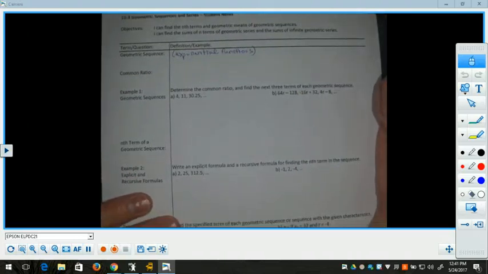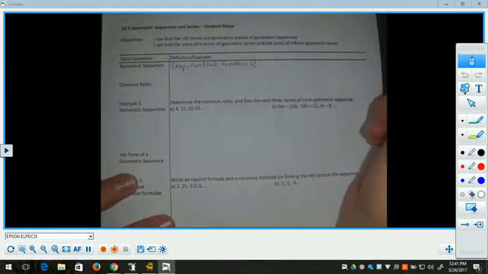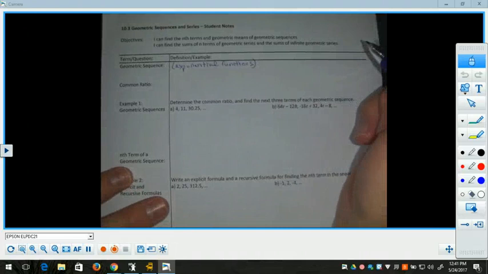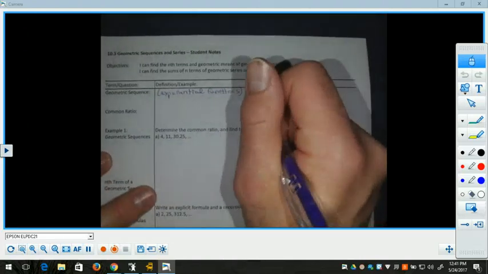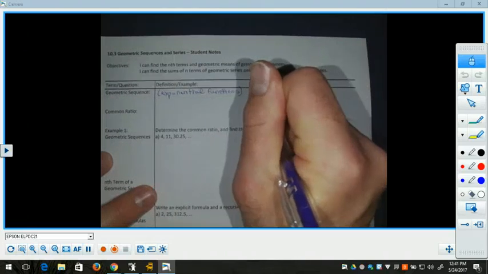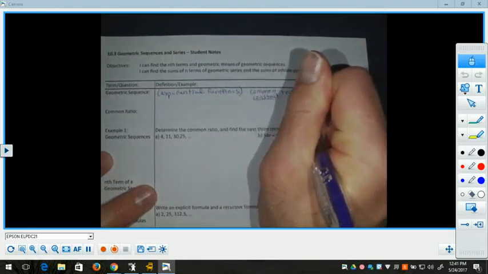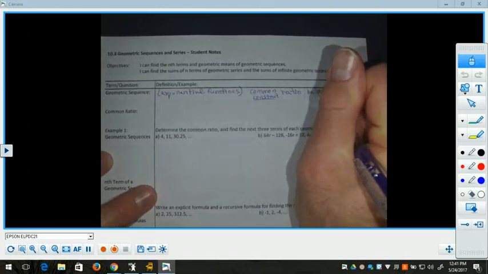Well, for a geometric sequence, the ratio between successive terms has to be common. It has to have a common or constant ratio between successive terms.